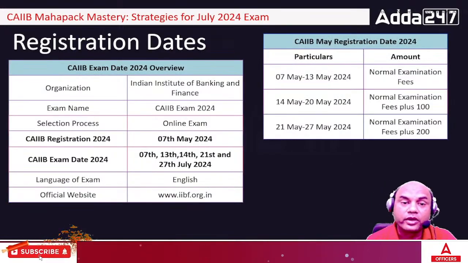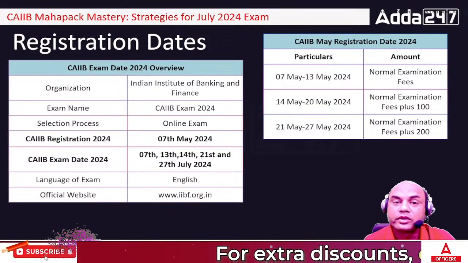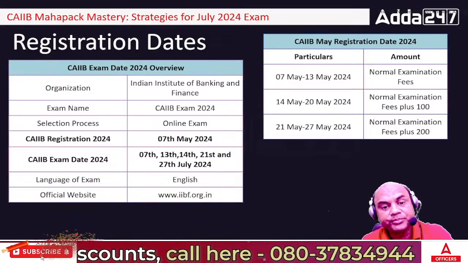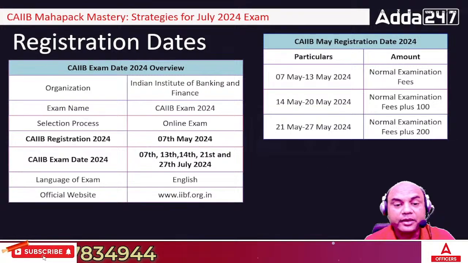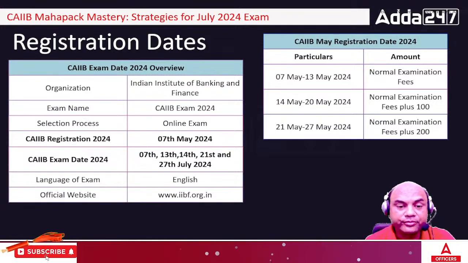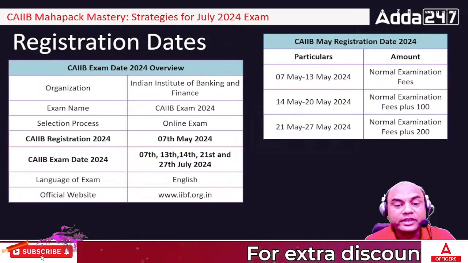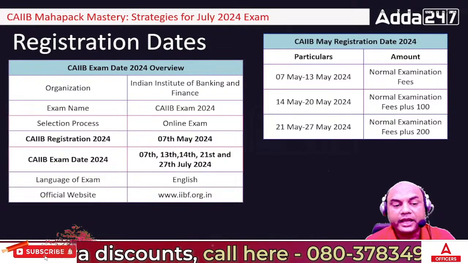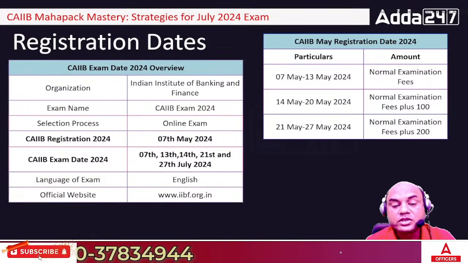Now, before going, everyone understand the registration dates. Important points. Otherwise you will do everything and forget the dates. Don't do that. So, what are the important dates? The CAIIB exam 2024, online exam. Registration starts on 7th May, and the exam dates are 7th, 13th, 14th, 21st and 27th July.